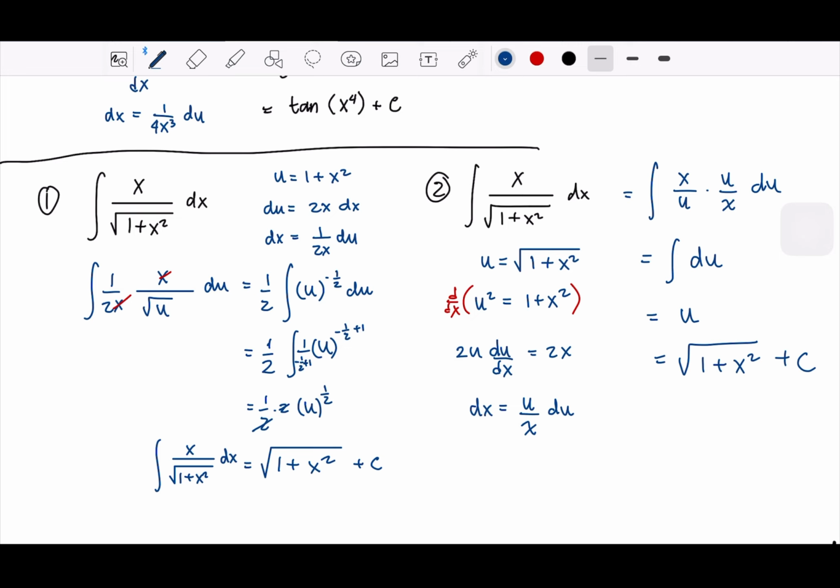You take u as the square root itself, remove the square root by squaring both sides, differentiate both sides and substitute back, and you will see it's just the integration of du, which is just u, and we change back to square root of 1 plus x squared plus c. Usually I add the constant at the very end, in the final conclusion, to help us focus on the middle process.